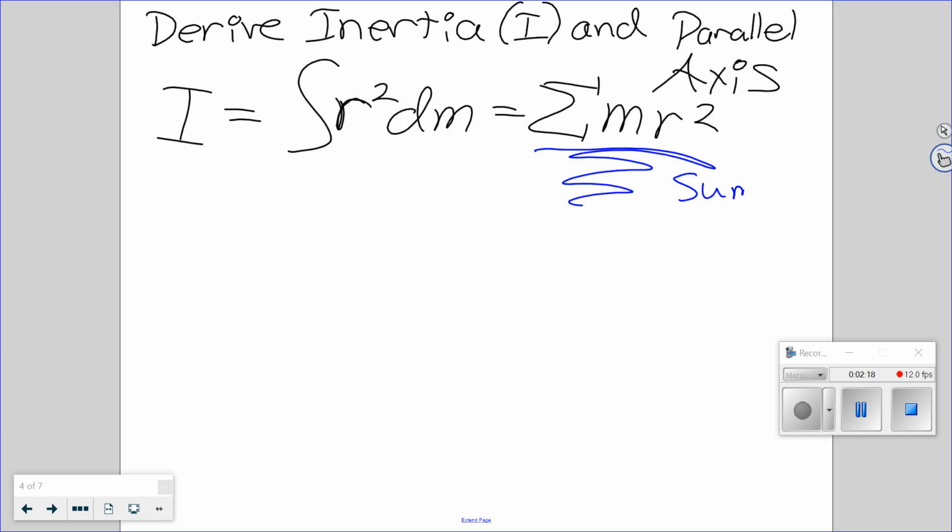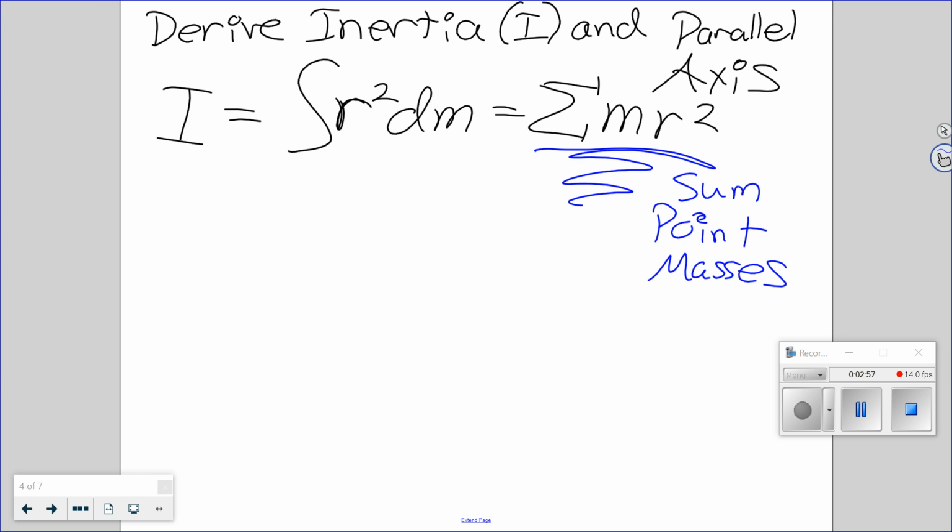If we have a bunch of little point masses rotating around somehow, maybe I just want the rotational inertia of all the little horses and rides on a merry-go-round, or maybe I have this configuration of planets around the sun. And they're basically point masses on the scale that we're measuring. You can just add them. Each mass times its radius from the axis squared. End of story. Let me check that that's exactly what's on the equation sheet. No funny business. That's right.